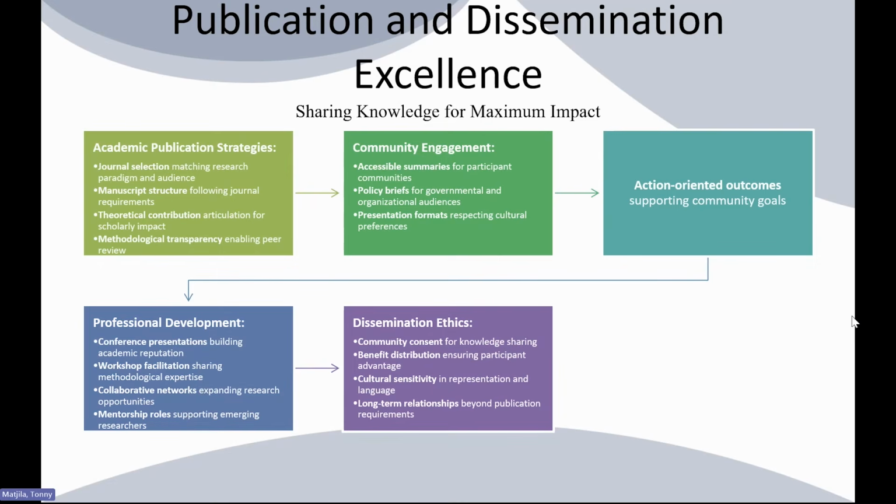He emphasized planning. Some of the academic journals vary in their orientation, so you need to ensure that the philosophical alignment between your research and the journal scope is on point. And manuscript structure should follow the general requirements, and that information is always there. Yeah, so those are some of the things that he talked about.